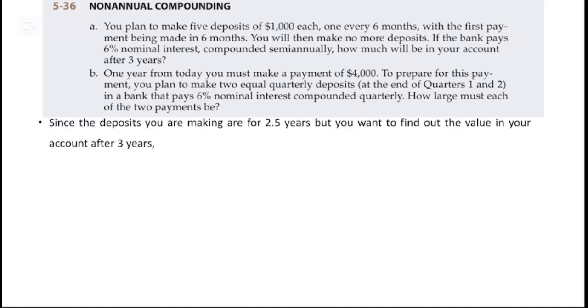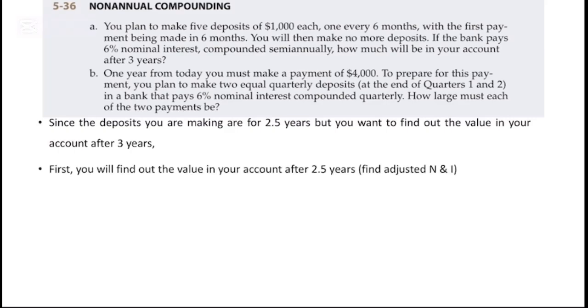Since the deposits that we are making are for 2.5 years, but we want to find out the value in our account after 3 years, this is what we will do. We will first find out the value in our account after 2.5 years. So we'll adjust our N and I accordingly. Here, N will equal 2.5 times 2, since this is semi-annual compounding. The nominal interest rate here is 6%.